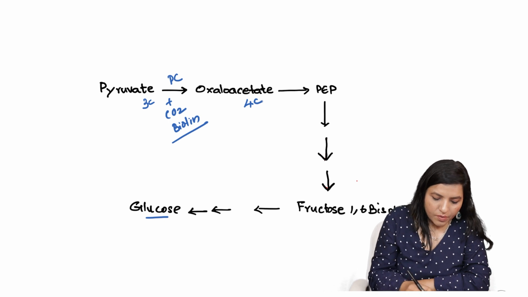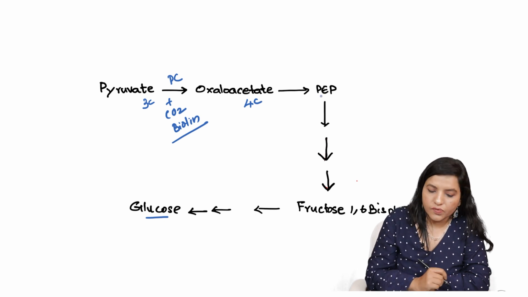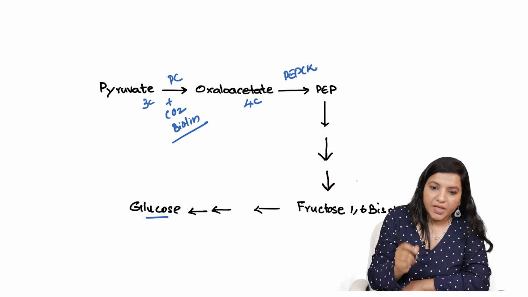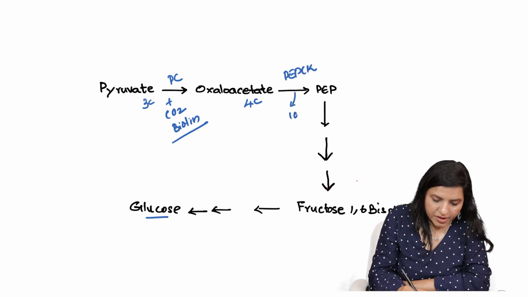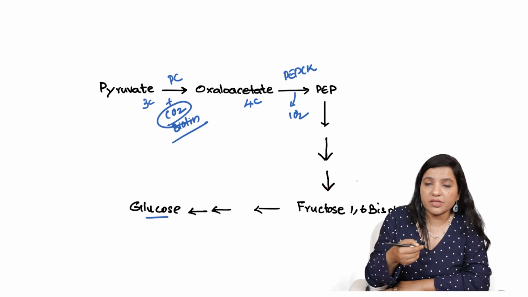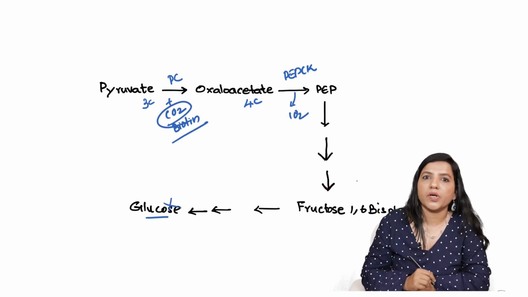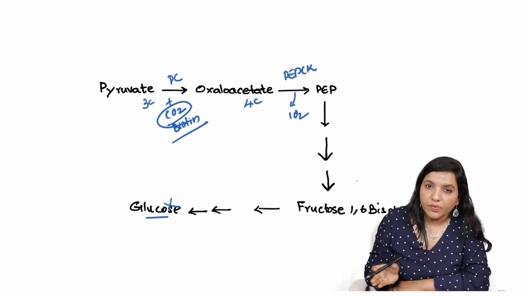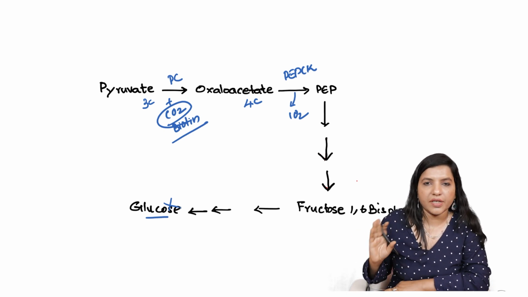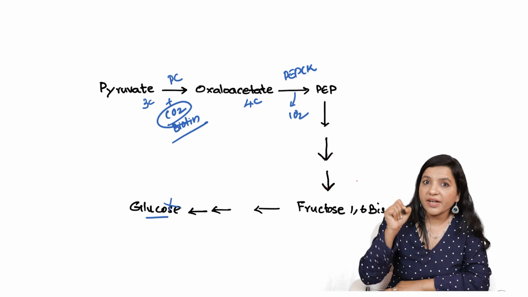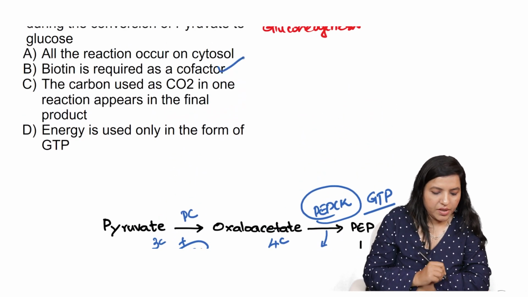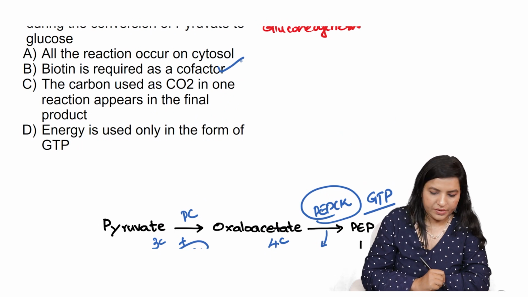In the next step, oxaloacetate is converted to phosphoenolpyruvate. That enzyme is PEPCK. In this reaction, that carbon dioxide that was added is released. So, it is not coming in the final product glucose. Now, about GTP. GTP is required, but all the reactions do not require GTP. So, which is the reaction that requires GTP? So, the answer here is biotin is required as a cofactor.